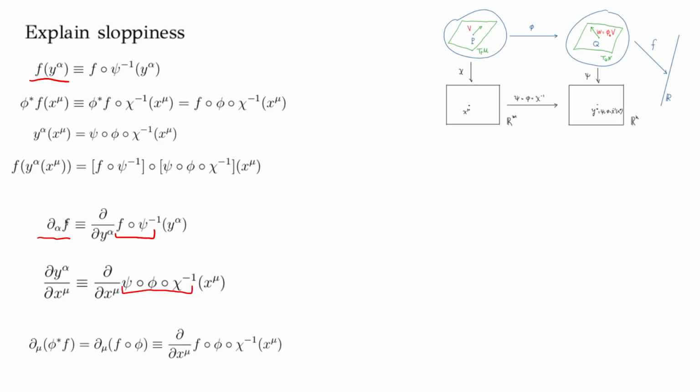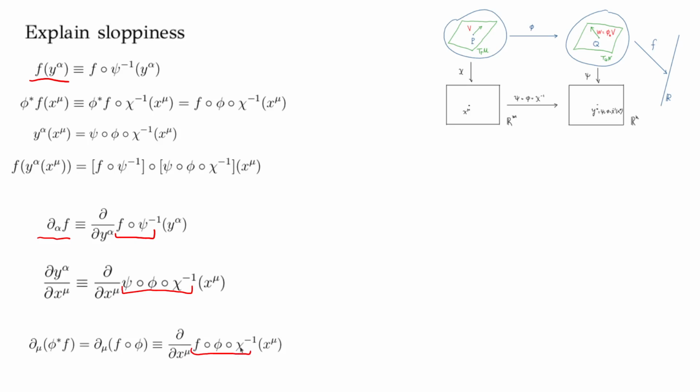Similarly to the derivative of f with respect to y alpha, since the pullback of f is a function on the manifold M, I can define derivatives with respect to x mu, the coordinates of P. But in order to do that, I have to have a function of x mu, and in order to construct this, I have to compose all those three functions.